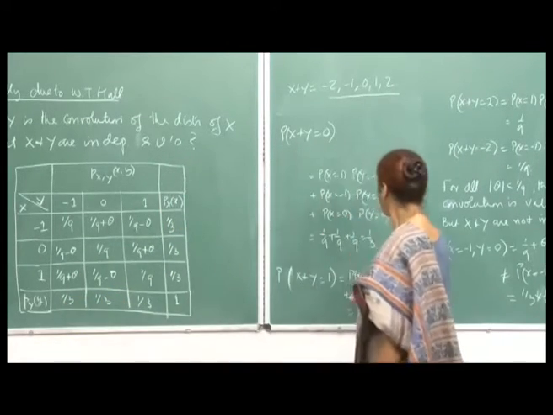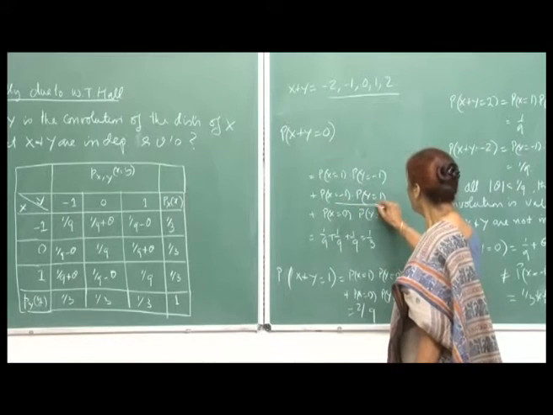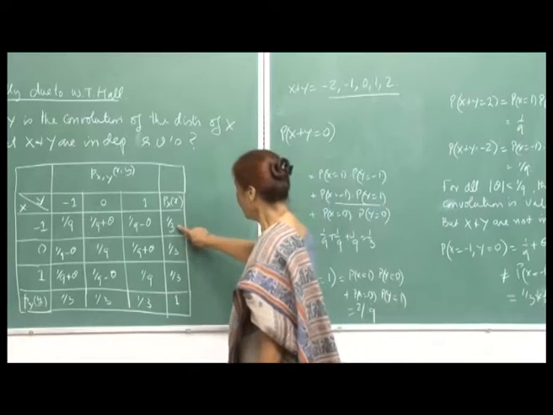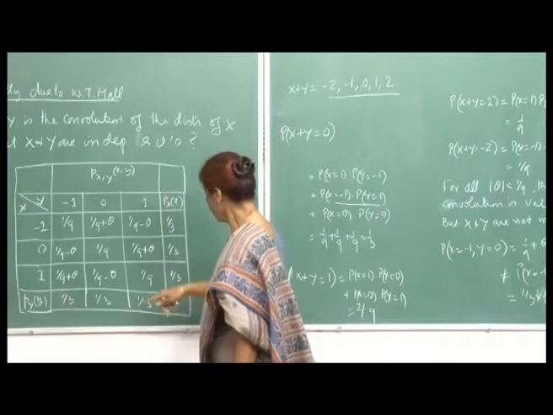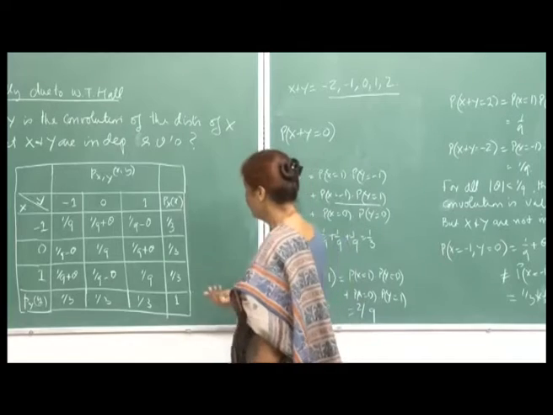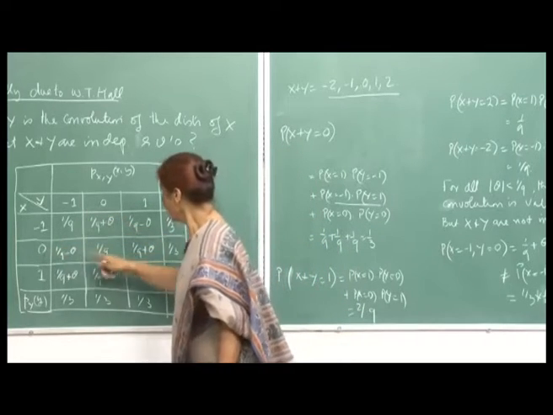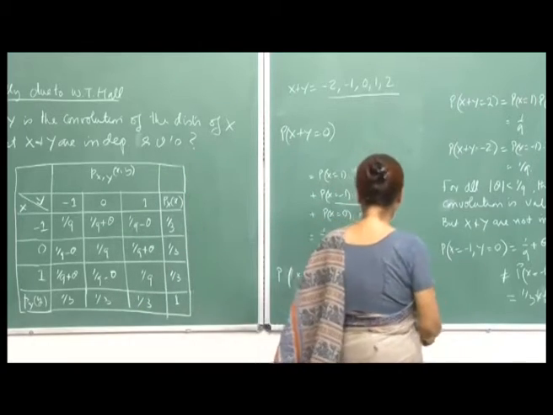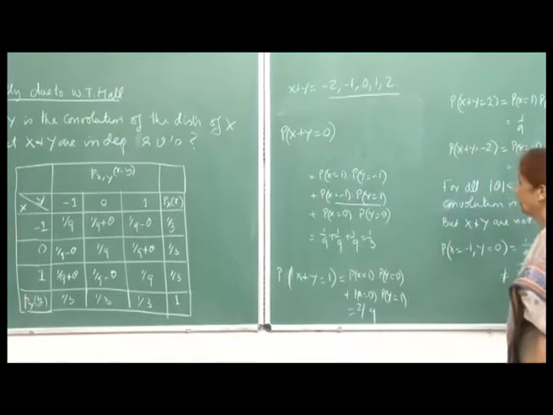So, therefore, this is 1 by 9. Similarly, probability X equal to -1 is 1 by 3, and probability Y equal to 1 is also 1 by 3, and X equal to 0 gives you 1 by 3 and Y equal to 0 also 1 by 3. So, this is 1 by 3.